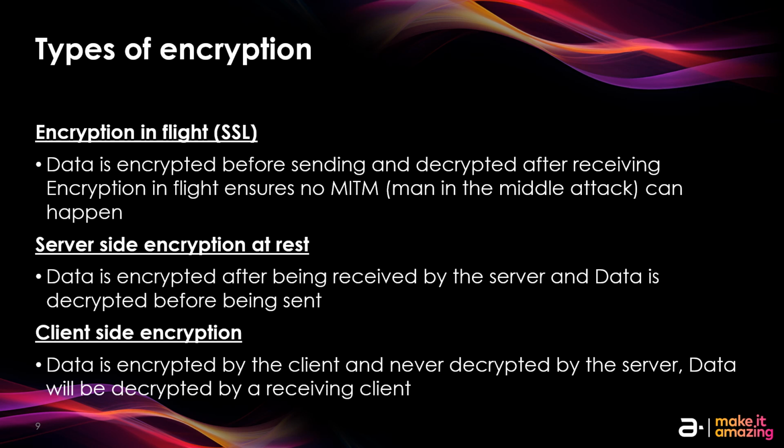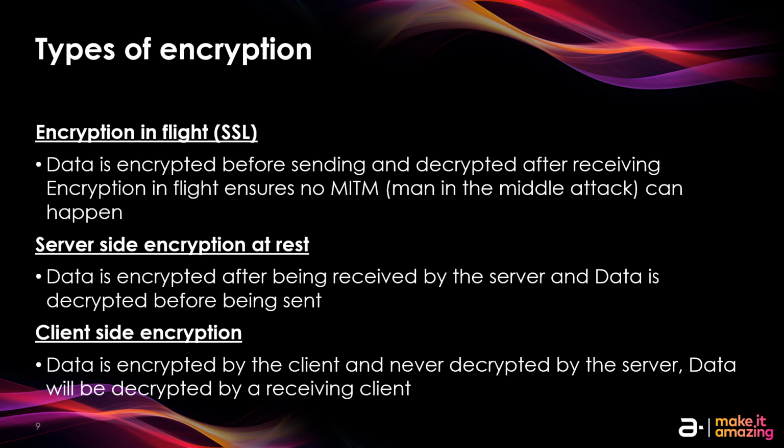Encryption here has three different types. First one is encryption in flight. Here the data is encrypted before sending and decrypted after receiving. So think about whenever you have to send your data, you have kept your data securely at your on premises. But while sending it through the internet or through the fibers, through any medium you have, there can be chances that someone can intercept those messages in between.